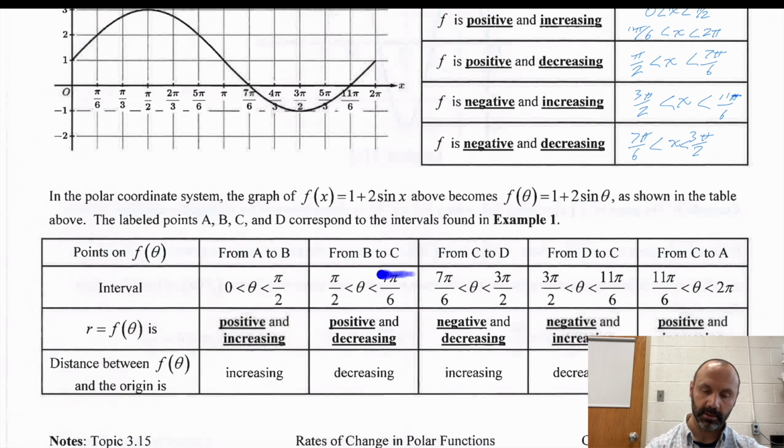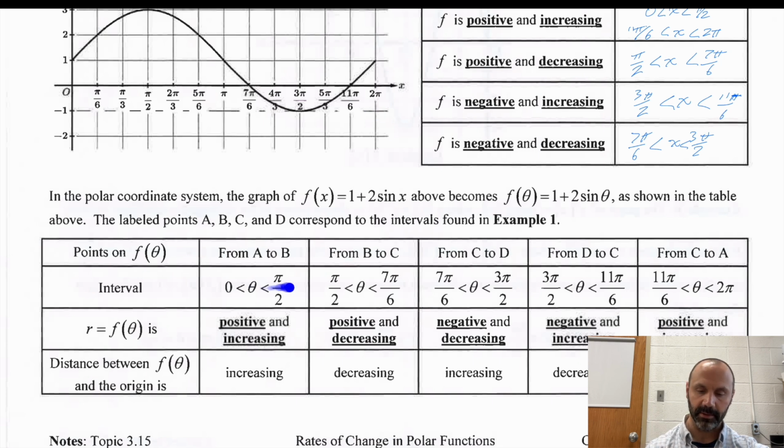And then we've got points labeled A, B, C, and D that correspond to the intervals found in example 1. Okay, and so again, we can write this in polar coordinates, but we can think about it from the rectangular graph.